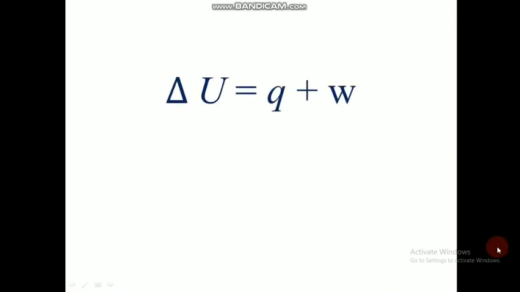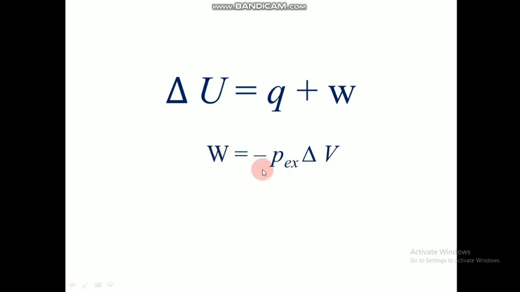This is the equation for change in internal energy, which is the first law of thermodynamics: delta U is equal to Q plus W. In this equation, we are going to change it a bit by applying the equation of work. Work is equal to minus P external into delta V, which is the equation for work done in an irreversible process.